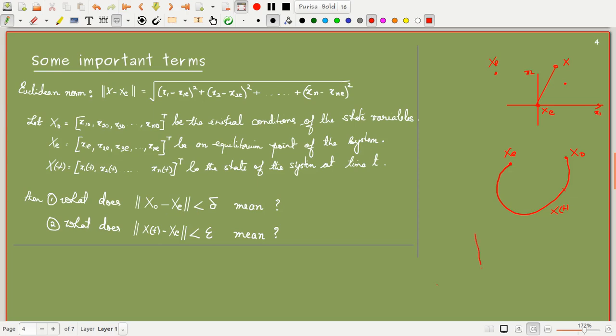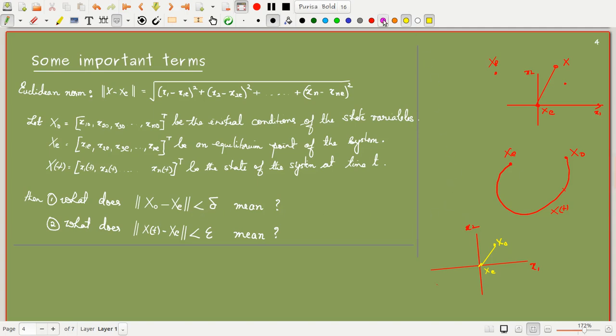For example, I have the x1 x2 axis here, let xe be this point and x0 be this point, and this is the distance between them.